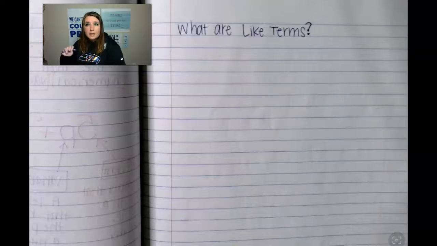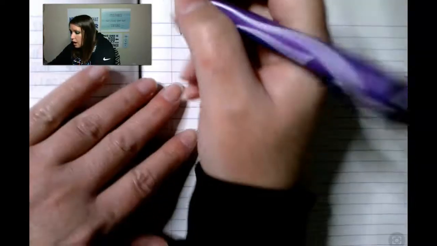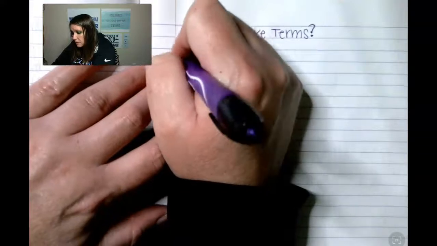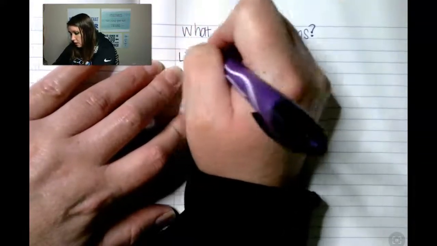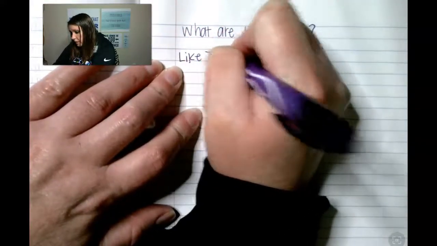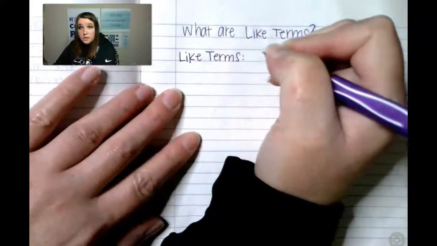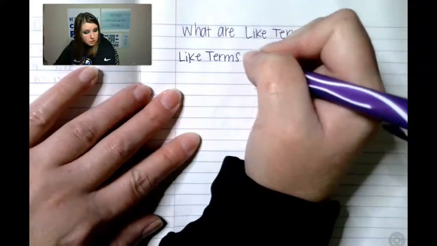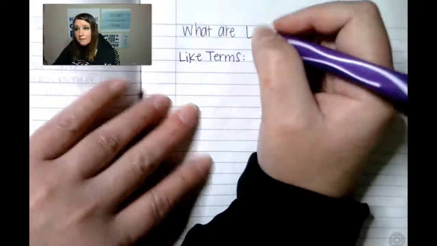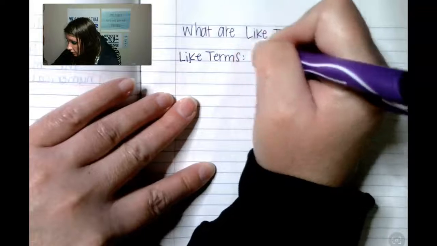So our definition that we're going to be using for like terms: we know that terms are the parts that make up the expression. Like terms are terms that have the same variable component.